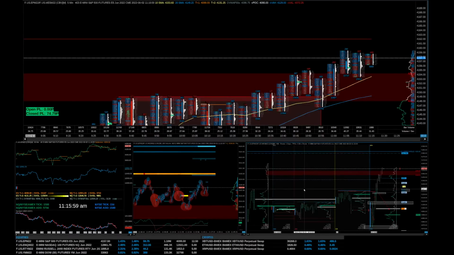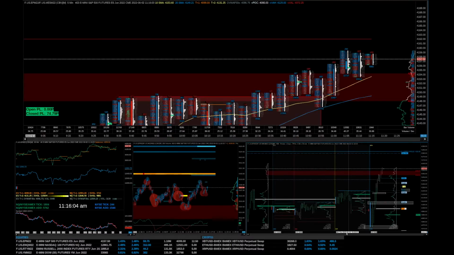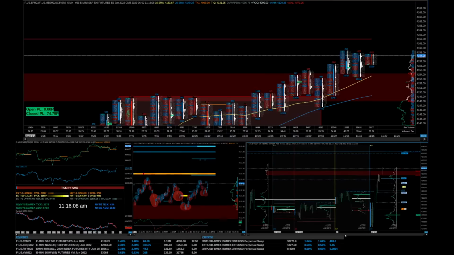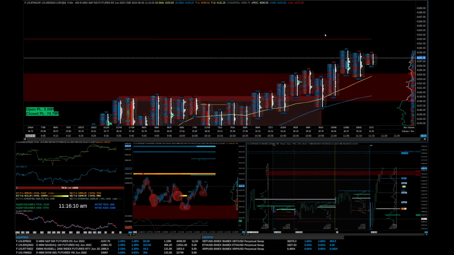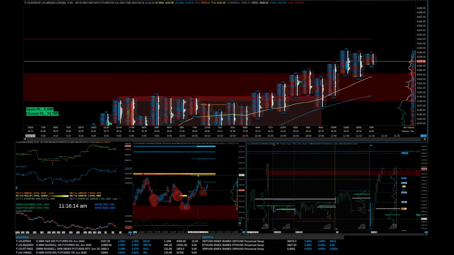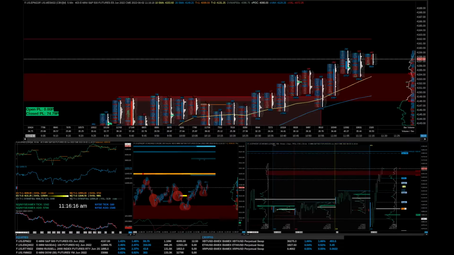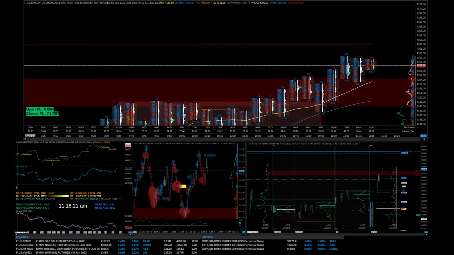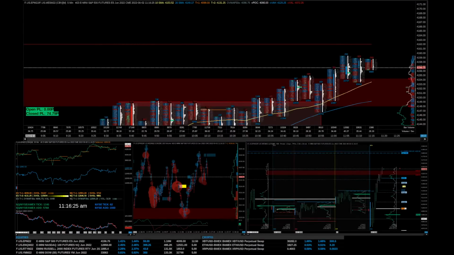Here, let's see if I can get over here. Undo all this garbage. Little liquidity sitting here at 60. Oh, maybe OBS is just not showing it on the TPO screen. It's not on my screen.